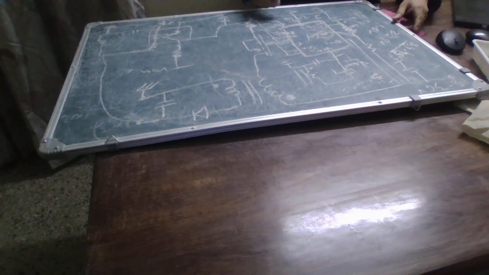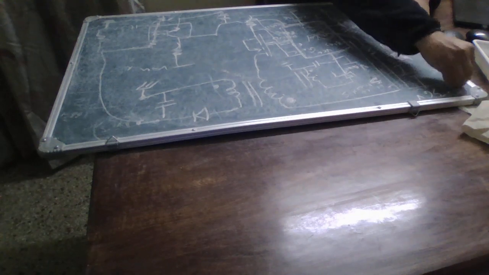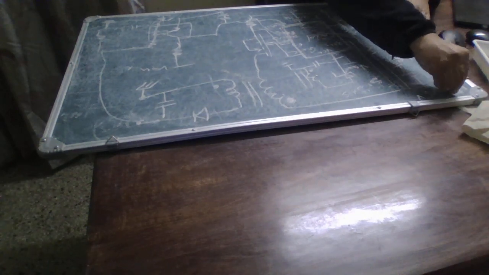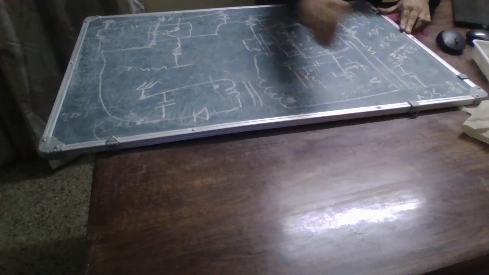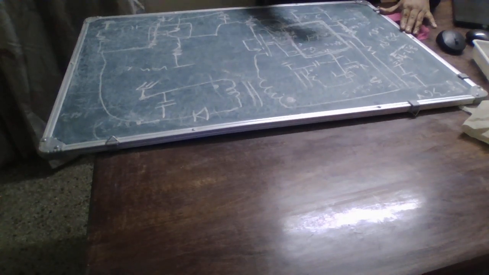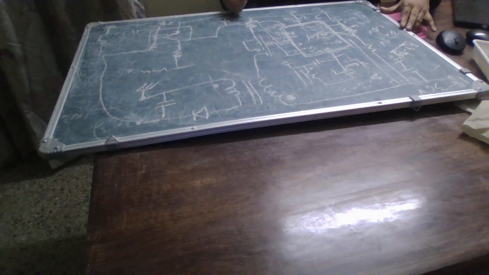The input is 18 to 36 volts for this circuit. I'm not talking about the IC now, because I want to explain that with the block diagram after erasing the board. So let's go to the completion of the circuit, what these components are and how the circuit is going to work.